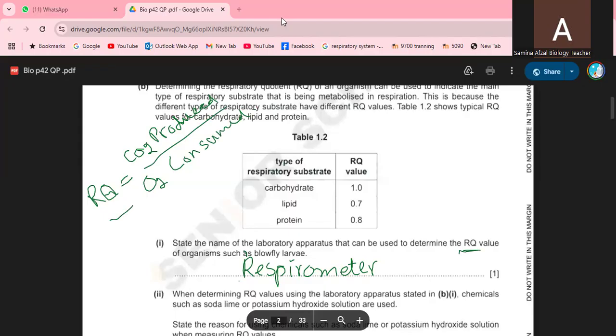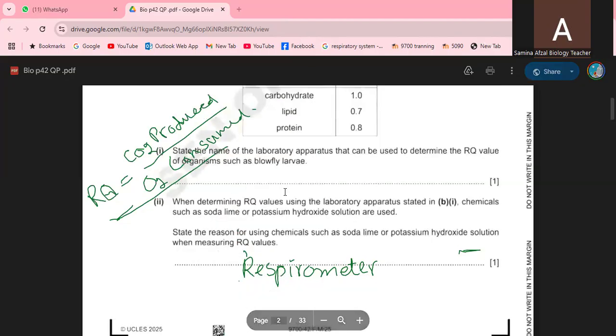To measure this, the respirometer is used, which is made up of two glass tubes joined together. Different methods are used to find out the respiratory quotient with this formula. First of all, they will measure the carbon dioxide which is produced and the oxygen which has been consumed, and then they will find out the RQ.